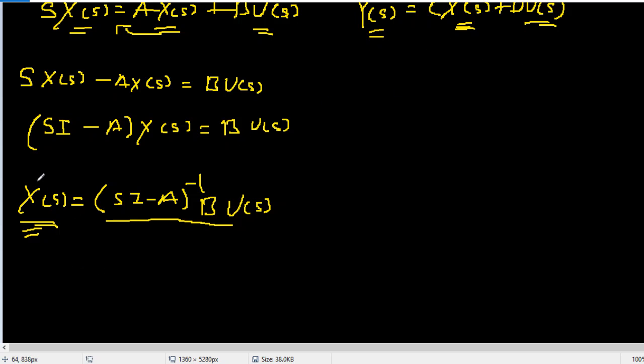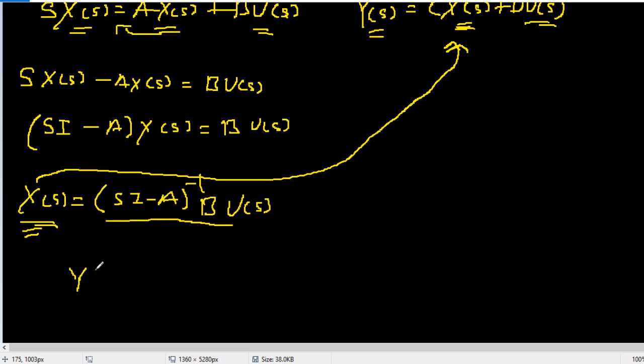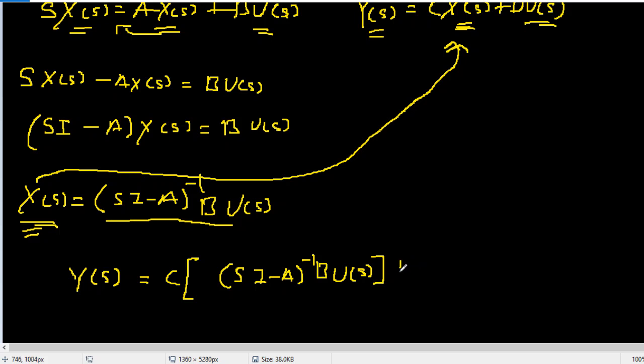We are putting the X value in this equation directly, so that the equation becomes Y is C times (sI minus A) inverse B U(s), whole bracket, plus D U(s). Okay, clear. This equation becomes something like that.